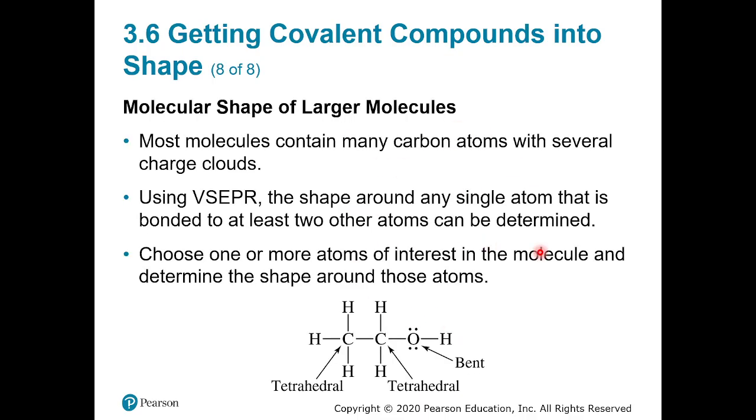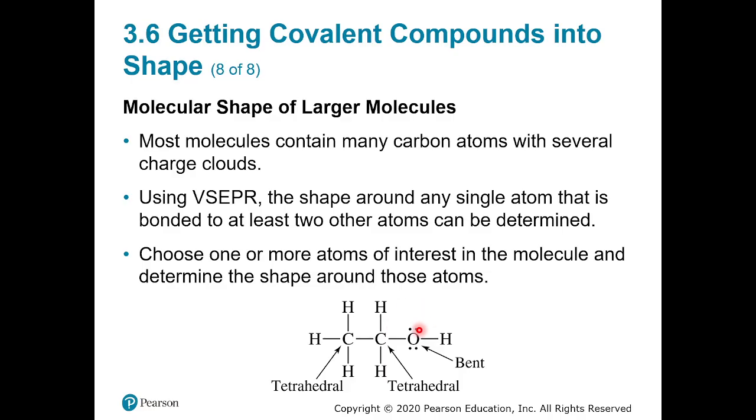Okay, so this is the molecular shape of larger molecules. Realistically speaking, you can just take this VSEPR theory that we had talked about and just go one after another. And that's why I was stressing the point that it's centered around X, right? I kept saying centered around this. So this is centered around this carbon here. We have a tetrahedral shape. This carbon here has a tetrahedral shape around it.